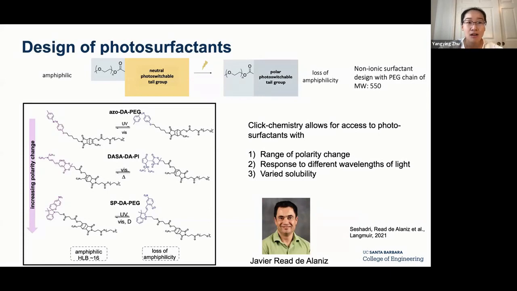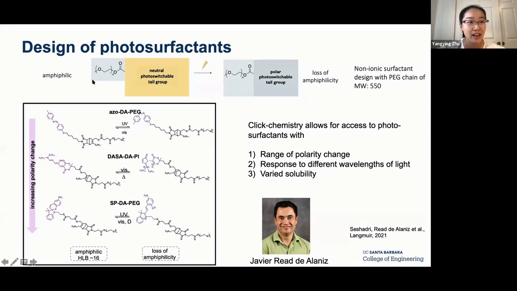There are actually a lot of photosensitive surfactants already developed. I'm not a chemist, so I'll try my best to explain. The most important characteristic of those photosurfactants is that we want the surfactant to introduce a large change in the surface tension. That can be done by having a surfactant that goes through a very large polarity change.